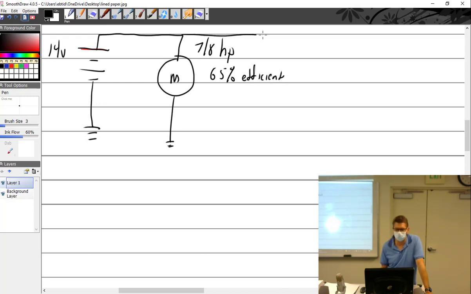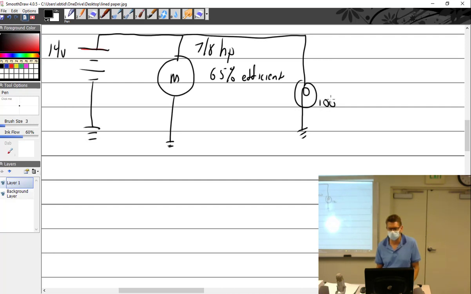You're also running a 100-watt landing light bulb and a radio stack that is currently at 2 ohms.